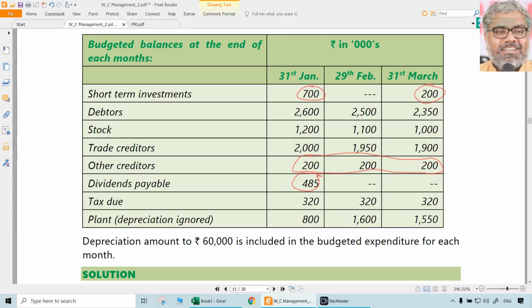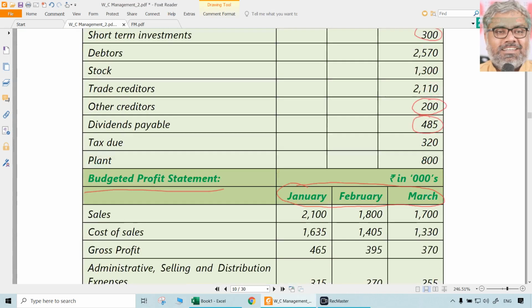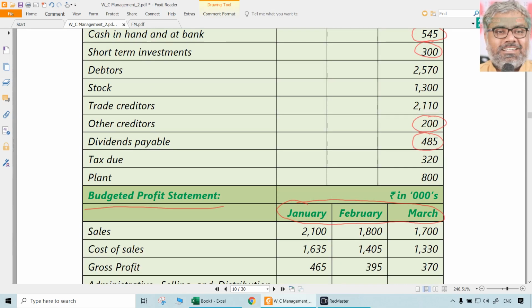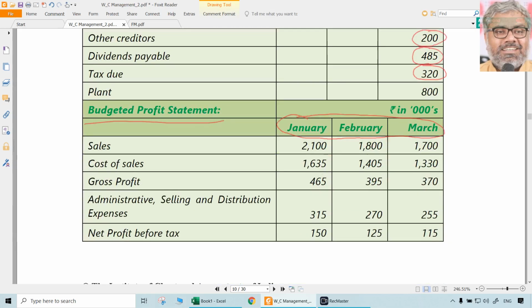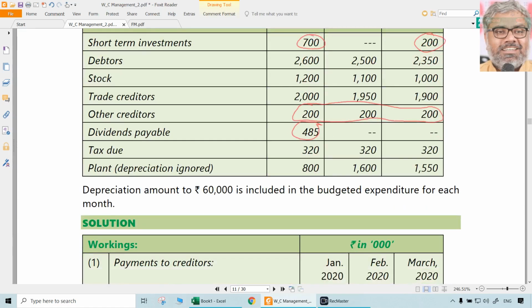Then tax due. At the beginning of January it was 320, and at the end of January, end of February and end of March it was 320 only, which means nothing is paid. So just like other creditors, nothing is paid for tax, so no cash flow.